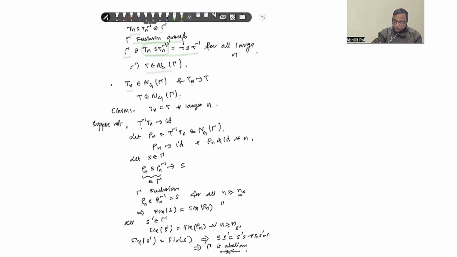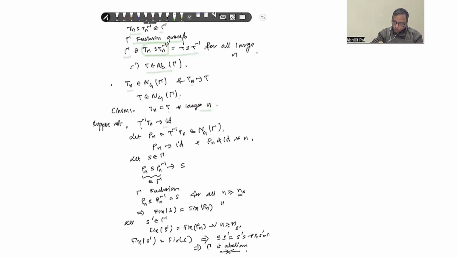So to prove that this normalizer is a Fuchsian group, we have to prove that this sequence Tn is an eventually constant sequence, so Tn is equal to T for all large n. Suppose not. Then we can take the sequence Tn to be a distinct sequence. Tn converges to T, so T inverse Tn converges to the identity.